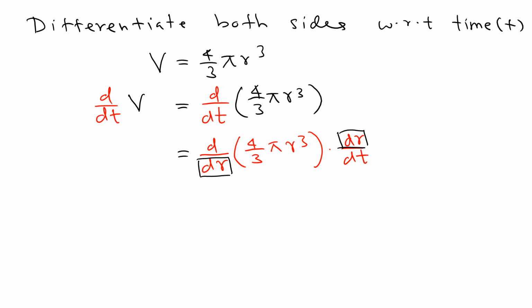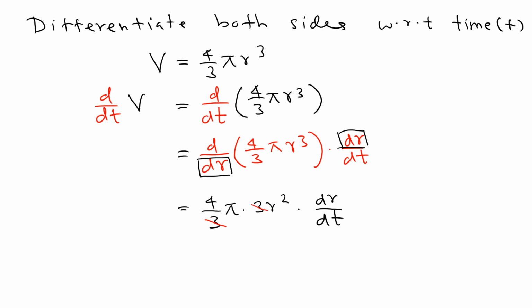Okay, now we can simply take the derivative. If you take the derivative with respect to r of the first term, you're going to get 4/3 pi, and then the derivative of r cubed is 3r squared. That's what you get from the first term, and then times dr over dt, and you can see this simplifies.